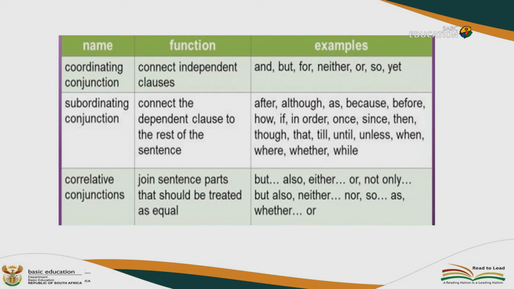They connect the dependent clause to the rest of the sentence. These are conjunctions like after, although, as, because, as you can see on your TV. Lastly, we have correlative conjunctions. These join sentences or parts that should be treated as equal. Words like but also, either, or, not only, both, and.